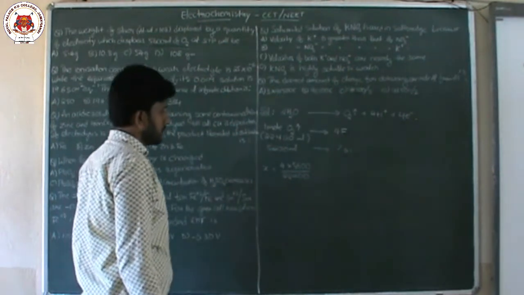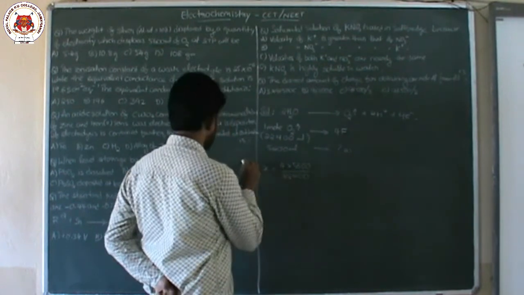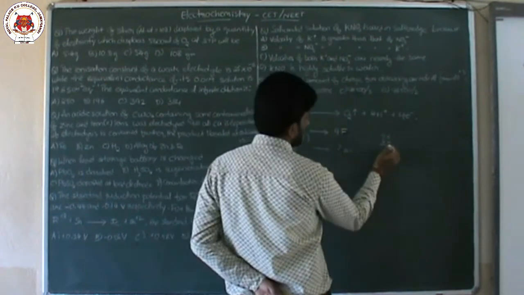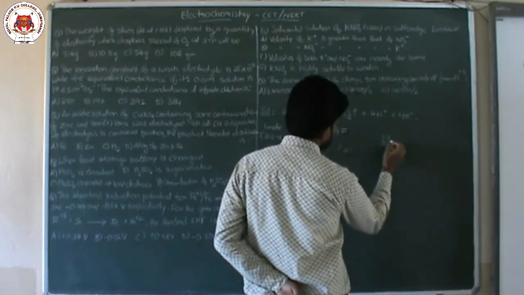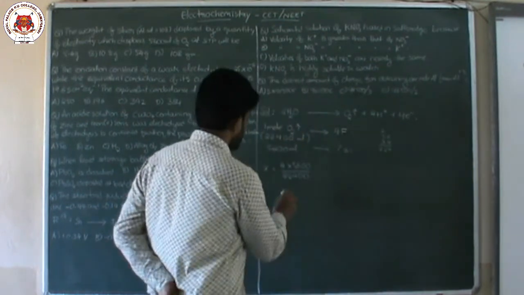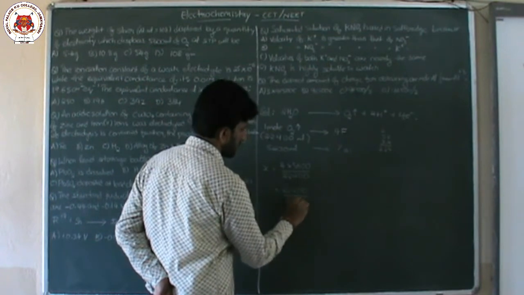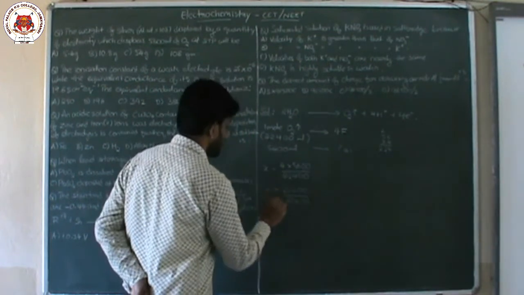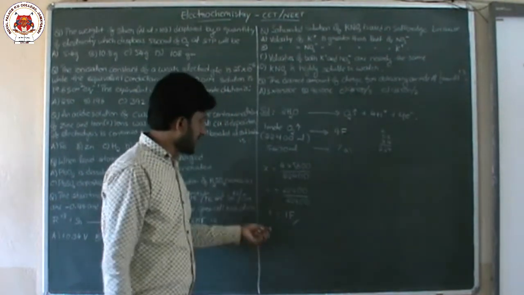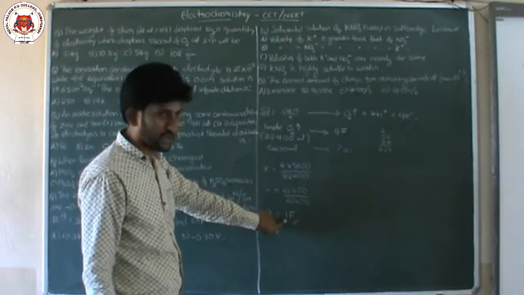Since 5,600 times 4 is 22,400, the numerator and denominator are both 22,400, which gives 1 farad. So the charge involved in the liberation of 5,600 ml of oxygen is 1 farad.